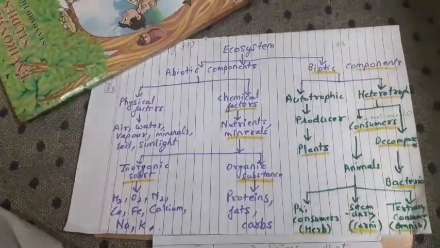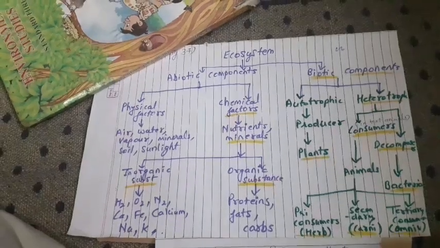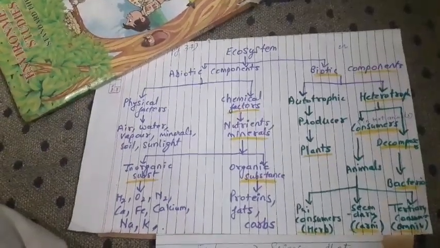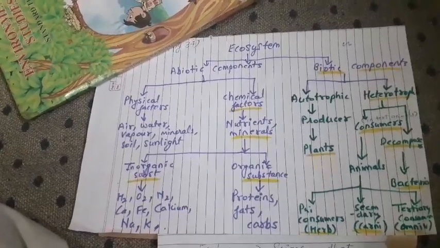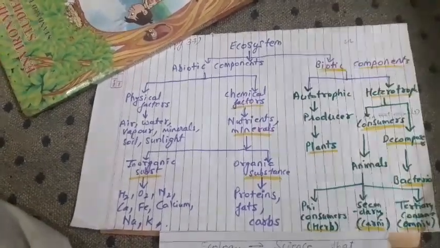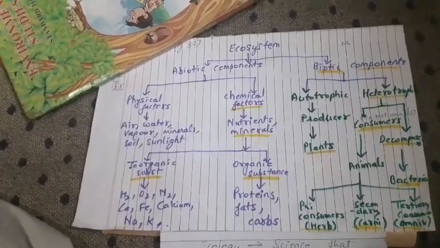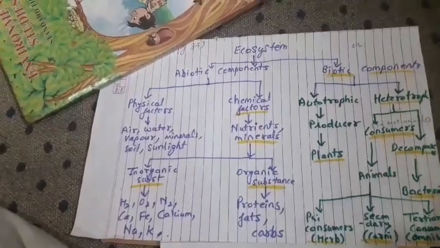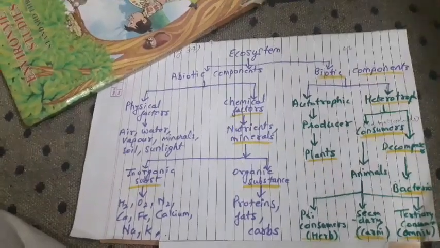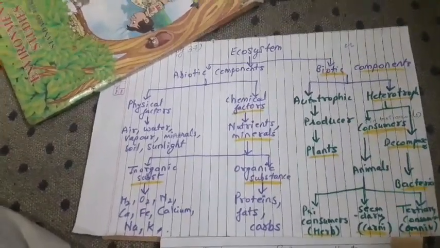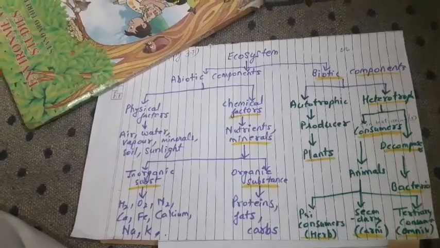For example, the food which is prepared by green plants is in the form of starch. But when we eat these green plants or green vegetables or fruits, that starch inside our body gets digested and converted into simple sugars, which are used for making energy. So they come under chemical factors.